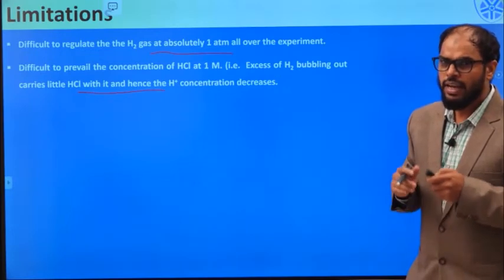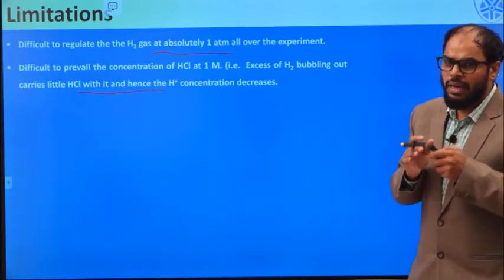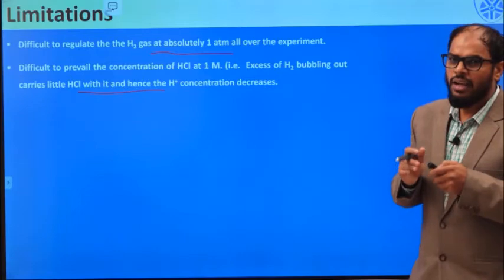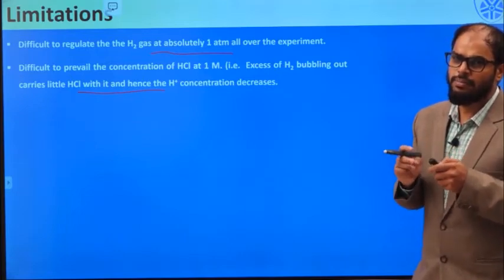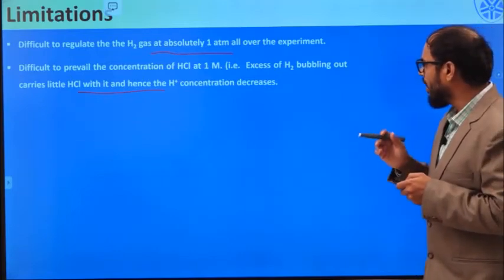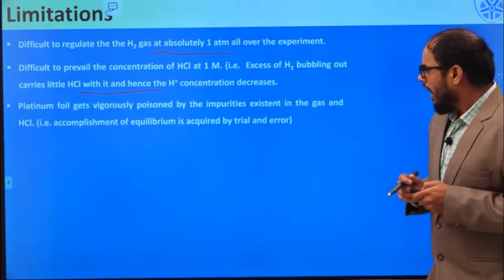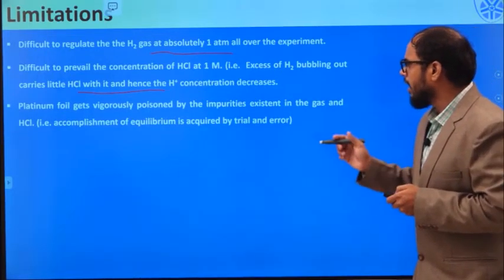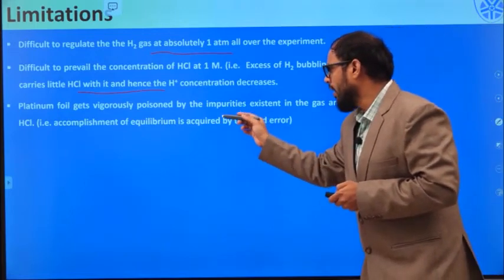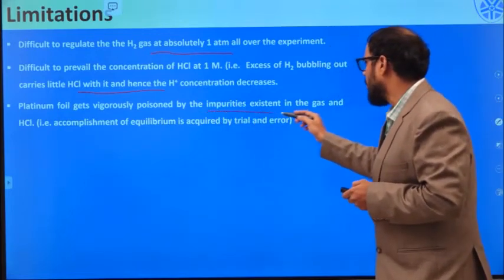So obviously it is very difficult to maintain 1 atmospheric hydrogen pressure and also to maintain 1 molar H plus ion concentration. And moreover, this platinum foil will be poisoned by some amount of impurities.